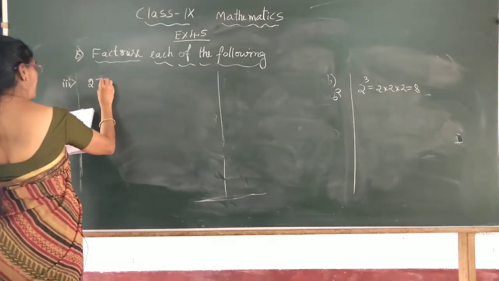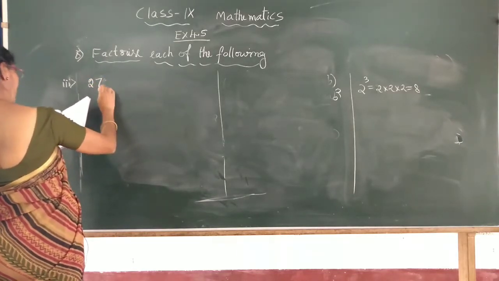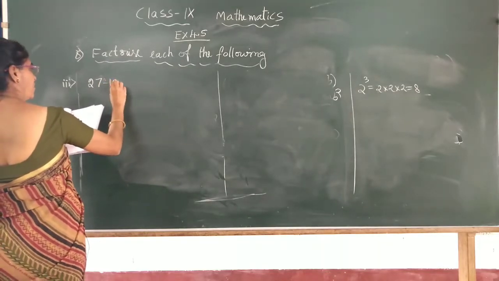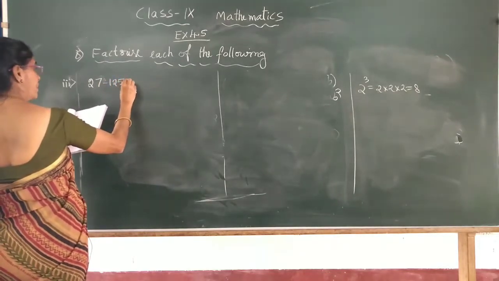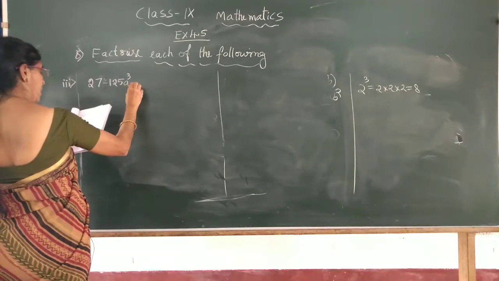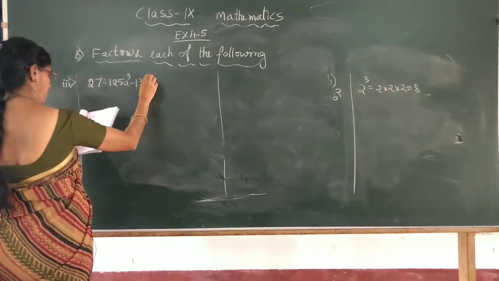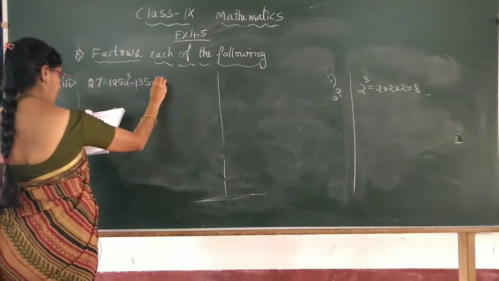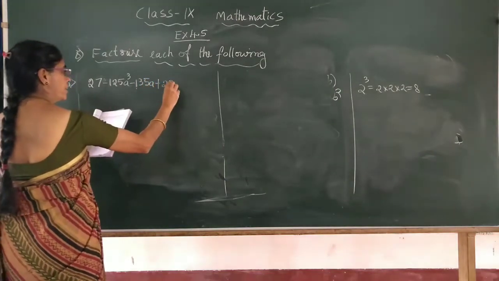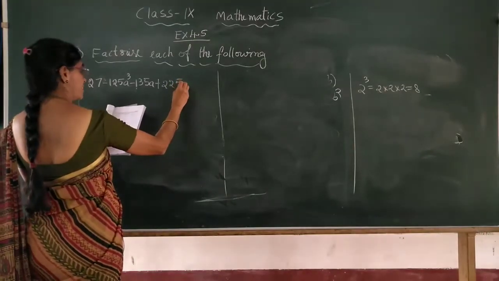27 minus 125 a cube minus 135 a plus 225 a square.